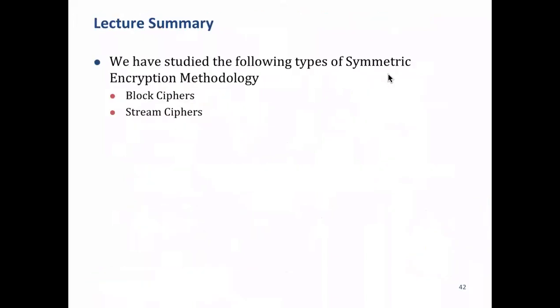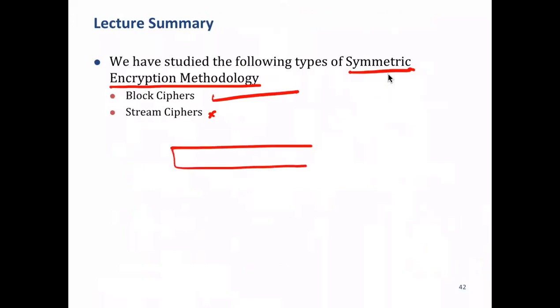So to summarize, we have studied two types of encryption algorithms. We have studied the symmetric encryption methodology. We have spent time on block ciphers and just briefly looked at stream ciphers. And now we have seen the problem with block ciphers is that we have to use the message in terms of blocks. If the message is more than a block, then what is to be done?